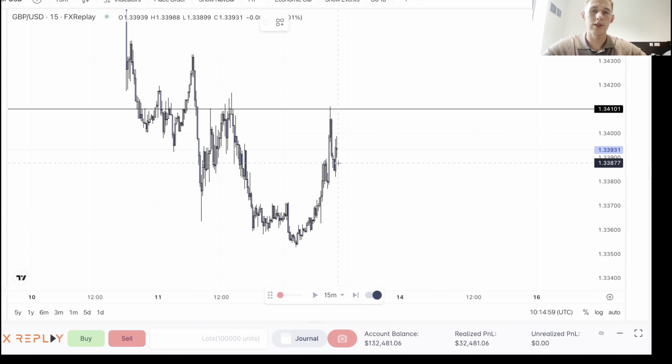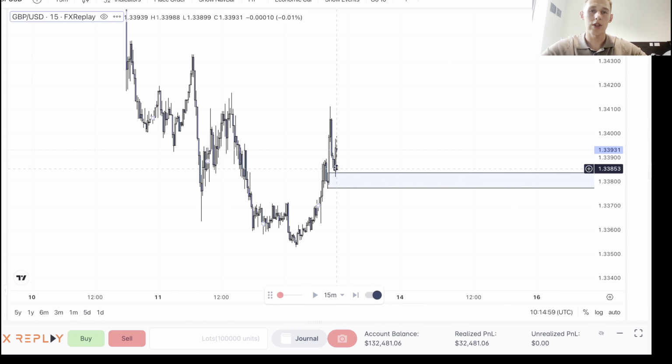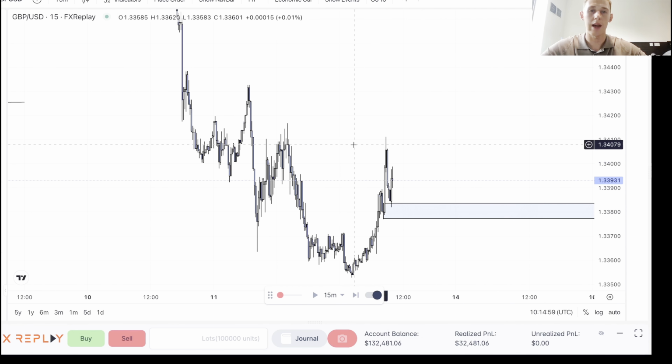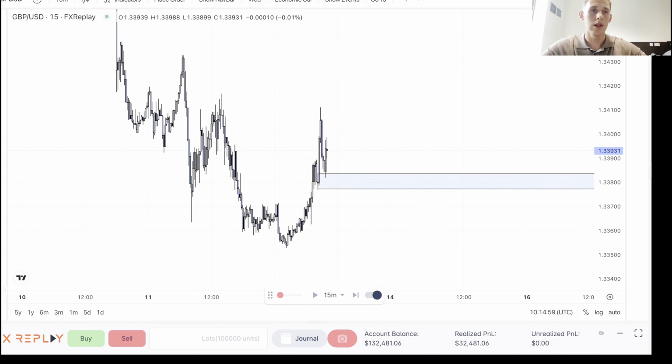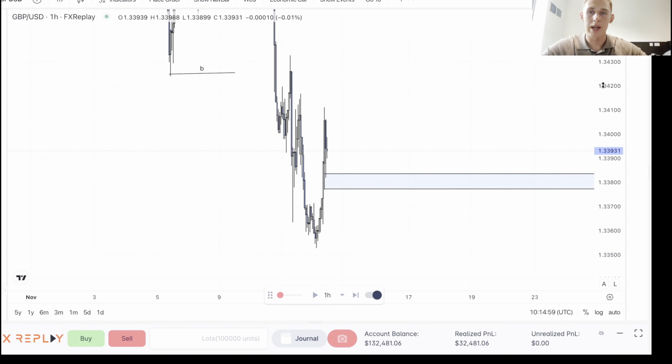If you were looking for a counter trend trade, you could also look to buy from this region since it swept the daily low, which is this line. Broke 15-minute structure, retested the demand, and we have this liquidity level above. Personally, I would just rather wait for the buys, to be honest.